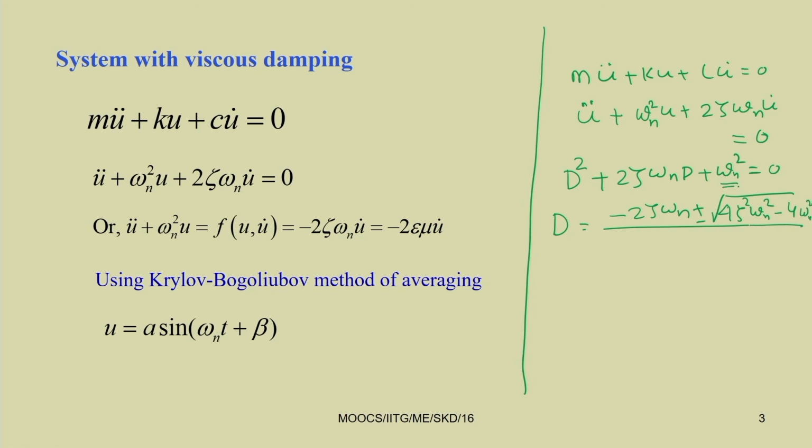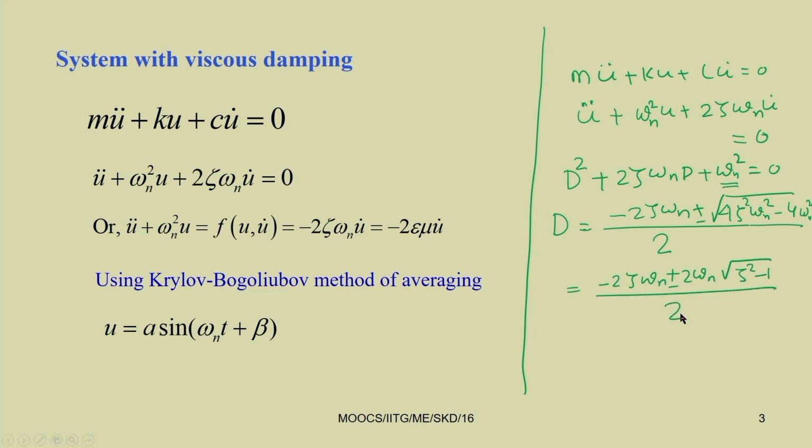If you take 4 omega n square outside, this becomes minus 2 zeta omega n plus minus 2 omega n root over zeta square minus 1, divided by 2.